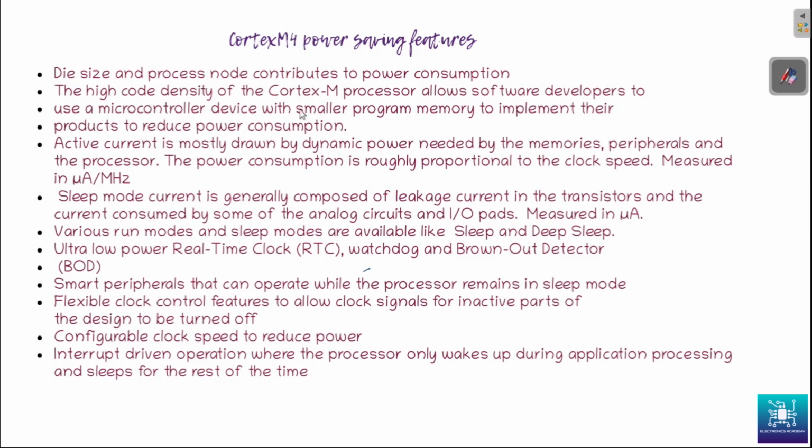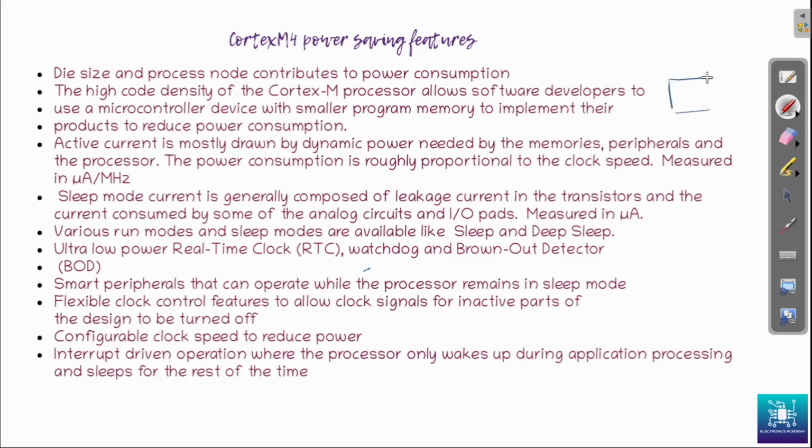The high code density of Cortex-M processors allows software developers to use a microcontroller device with smaller program memory to implement their products to reduce power consumption. Like we were talking about in the previous slide, if we have a smaller amount of flash memory, it will consume less power, of course, because the larger the flash is, the greater the power requirement it has.